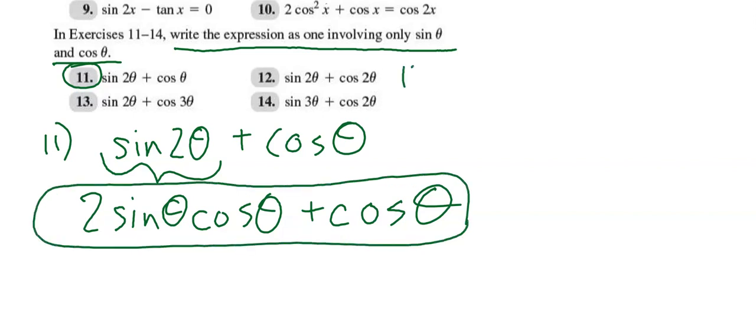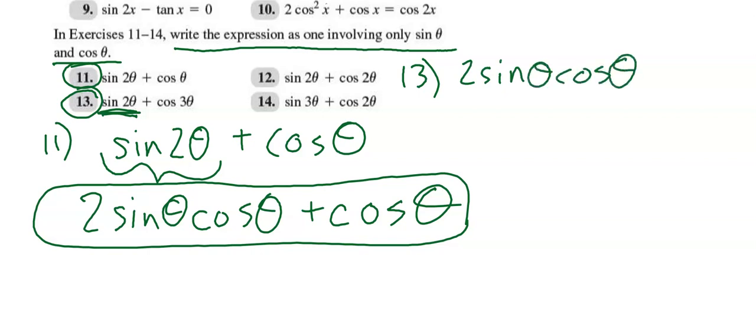Let's see, I'm getting a bad feeling about 13. Okay, so what are we putting in the place of sine 2 theta? That should be pretty easy, right? 2 sine theta cosine theta. But what about that cosine 3 theta?